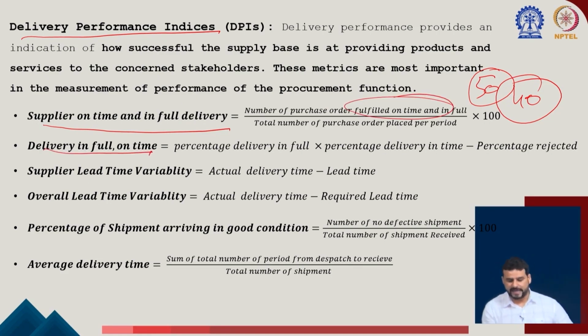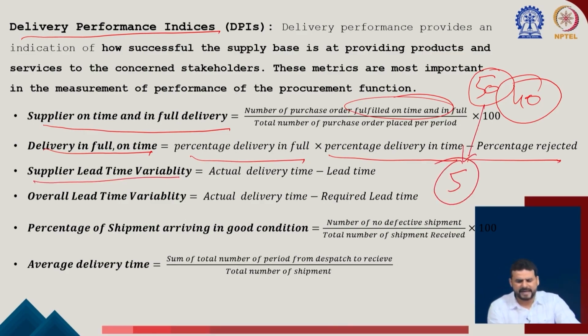Delivery in full on time is percentage delivered in full, percentage delivered in time, minus percentage rejected. So you delivered the full quantity on time, but because of some defects, out of 50 items 5 were returned. Supplier lead time variability: whatever you are saying, the delivery time is 3 days plus or minus 1 day, that is the lead time you are looking for.